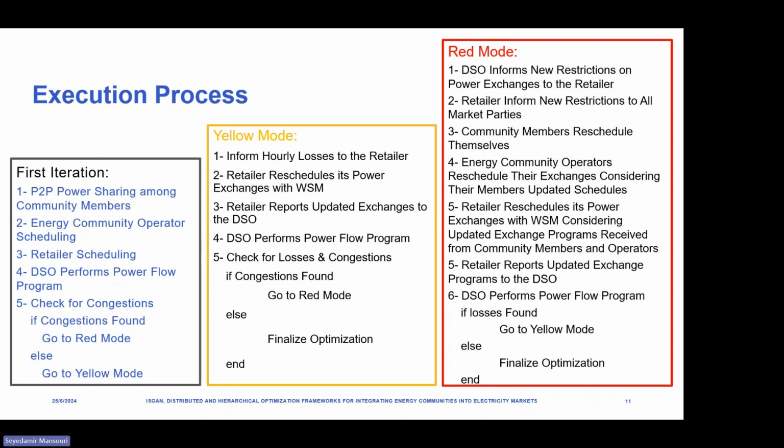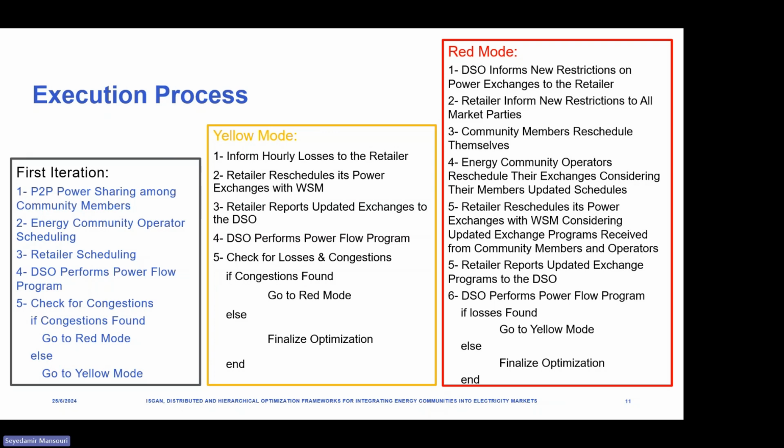And in the fourth step, energy community operators reschedule their exchange considering the members' updated schedules. At the fifth step, the retailer reschedules its power exchange with the wholesale market considering the updated exchange received from community members and operators. At the fifth step, the retailer reports updated exchange programs to the DSO.